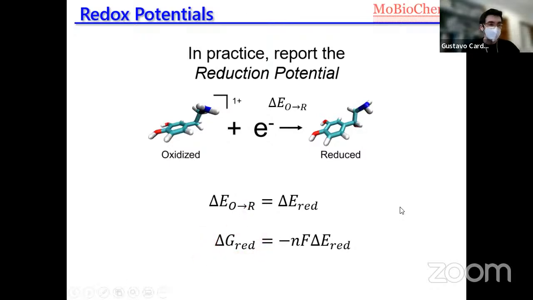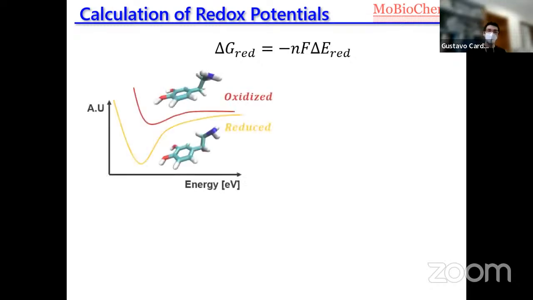Now, perhaps you will have already noticed that since we are talking about Gibbs free energies, we will need sampling, right? So let's see how we tackle this problem. Please notice that in this case we have a chemical reaction. This means that the reactants are going to be different from the products, so we're going to have two different chemical species. I'm saying these redundant things because we really have to emphasize this, for reasons we're going to see.